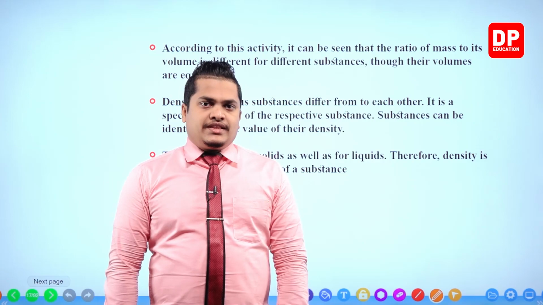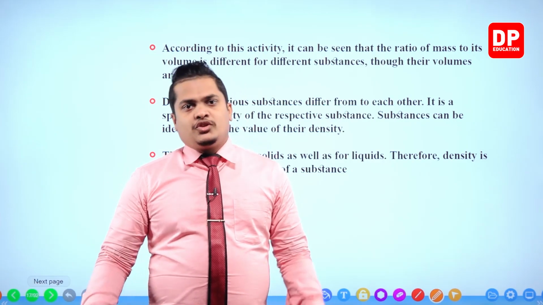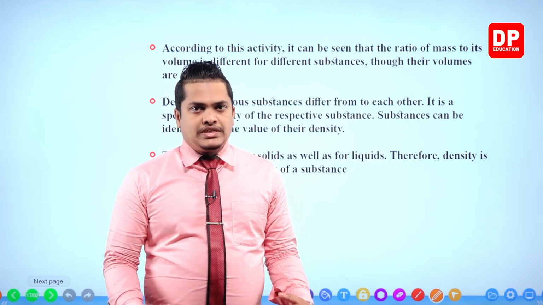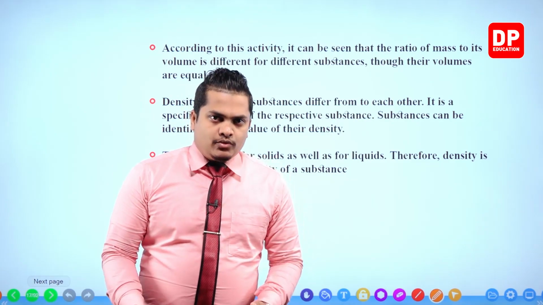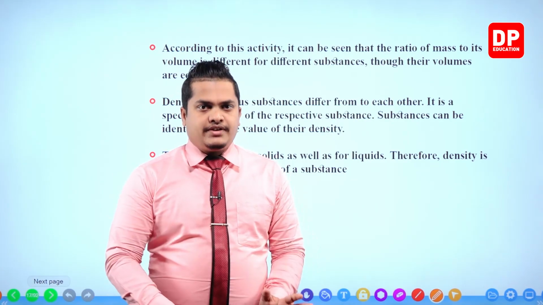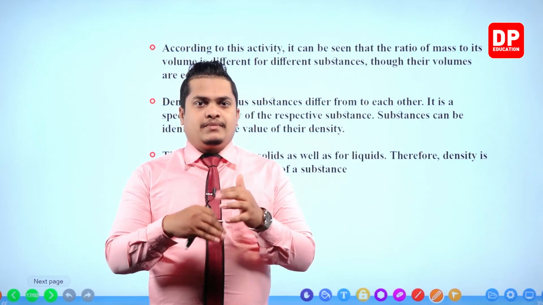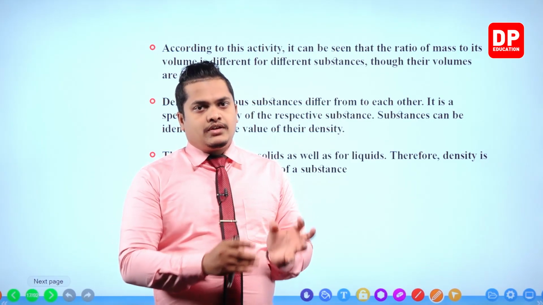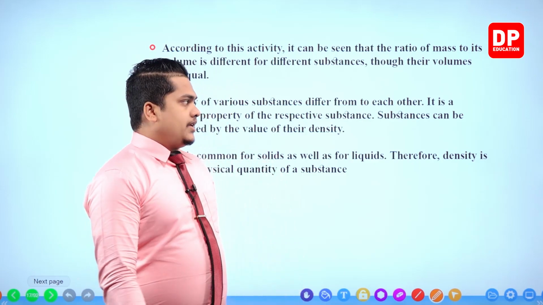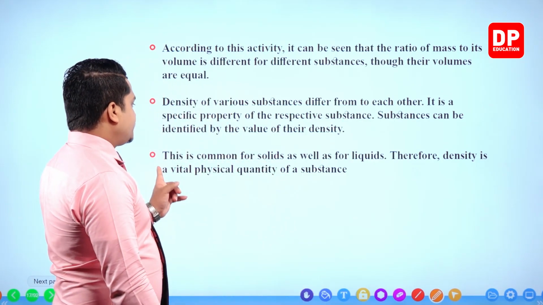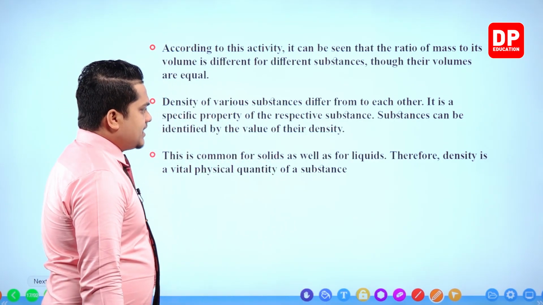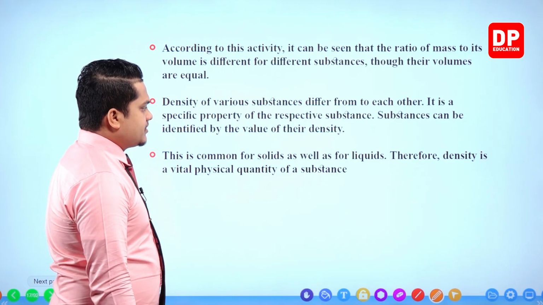The densities of usual substances that we use have been calculated and are given in your textbook also. We'll head on to those things as we discuss the lesson further. Then the next one given: this is common for solids as well as for liquids.